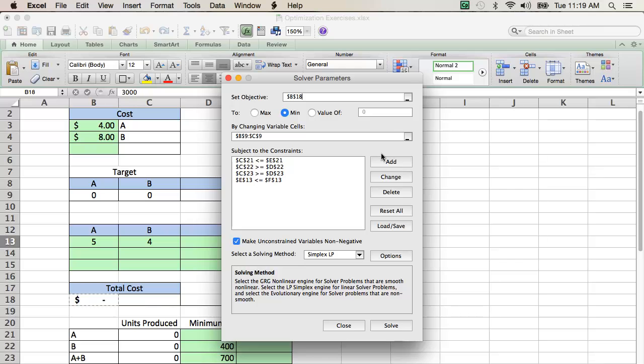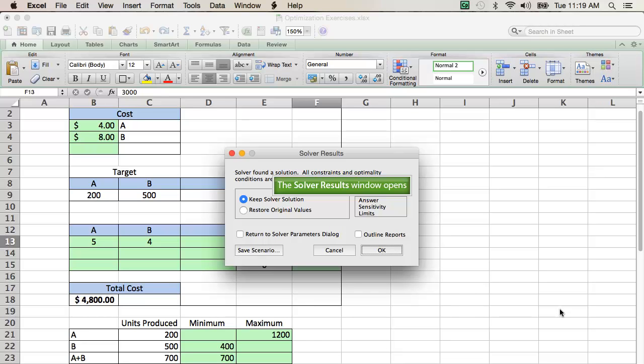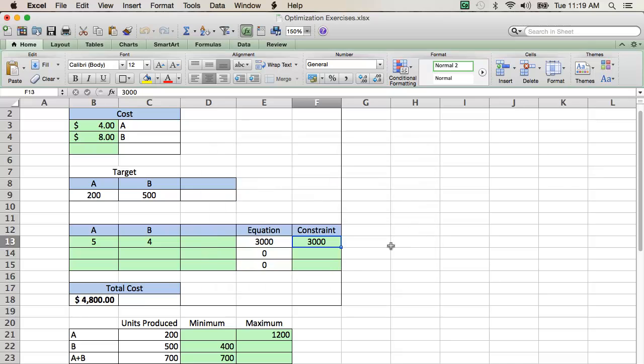Okay, so we are making the unconstrained variables non-negative, or in other words, we have our non-negativity constraint box checked, and we're using our simplex method. Now we just need to solve. And we obtained our optimal solution.